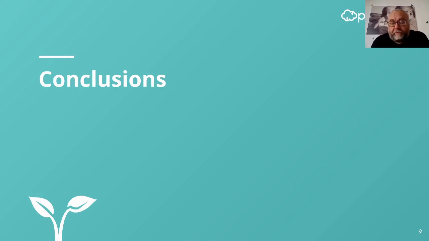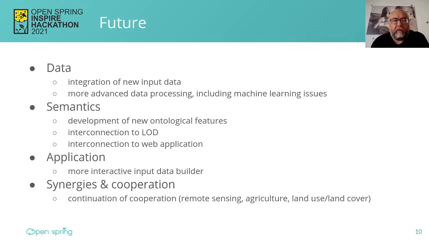Conclusions. Our four groups want to continue the work dealing with regional attractiveness. The data group plans to integrate new data and make more advanced data processing, including machine learning, for example decision trees or random forest techniques.